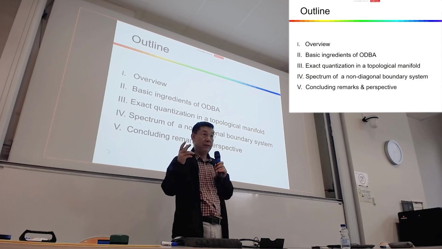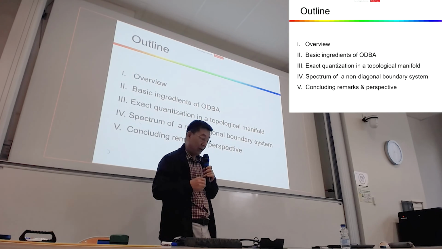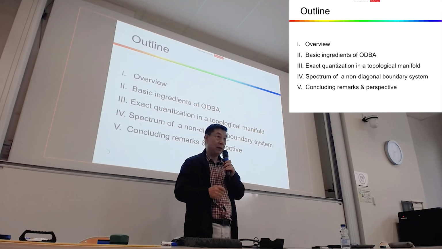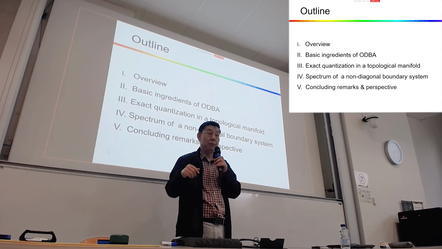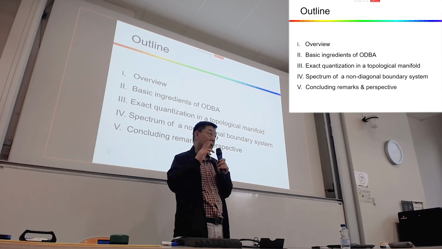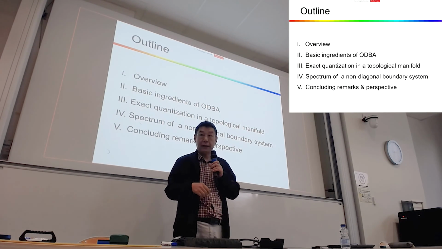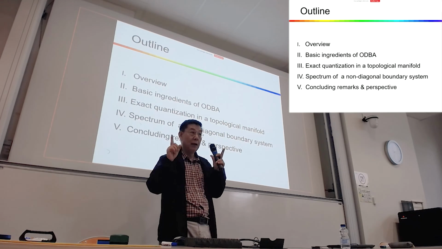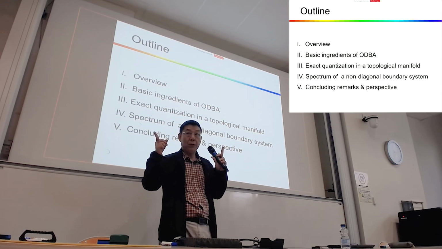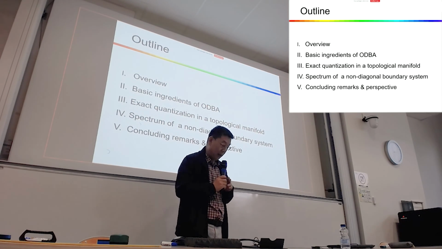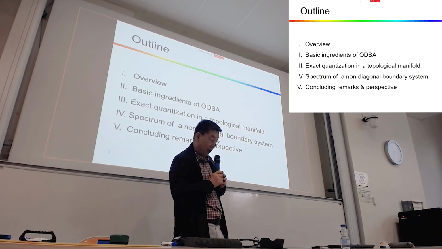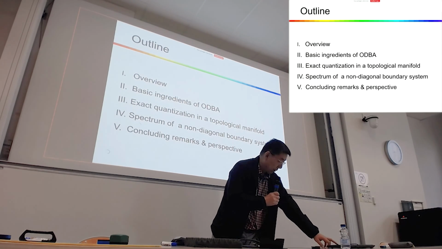And I'll show you two examples. One is the exact quantization in a topological space without U(1) symmetry, and the second example is the spectrum of the spin chain with arbitrary non-diagonal boundary conditions. Finally, I'll give you the concluding remarks.